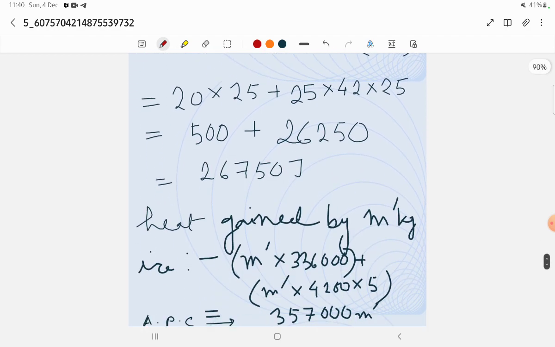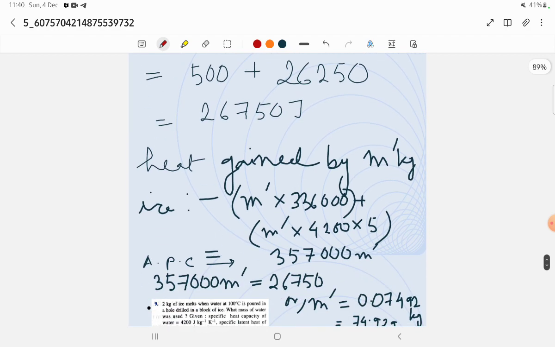Next, the amount of heat gained by m dash kg ice. First it will melt, so it is mL, then its temperature will rise to 5 degrees Celsius, that is mcΔT. The first one is mL, that is m dash into 336000.